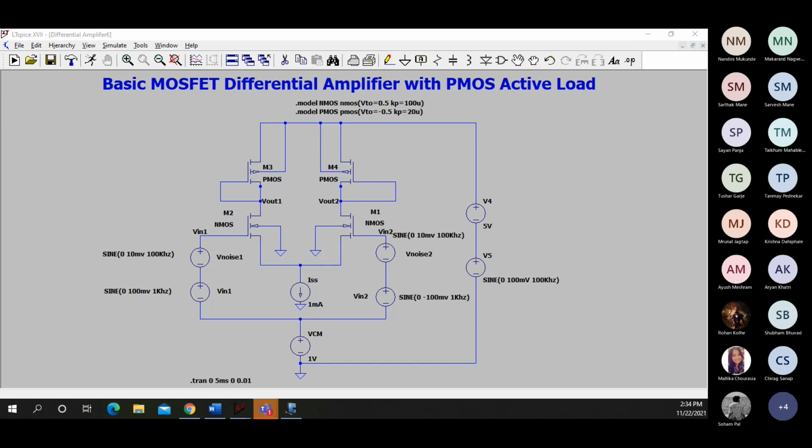Okay, Rohan, good. Maintain the values of the noise. Okay, and now let's simulate it.